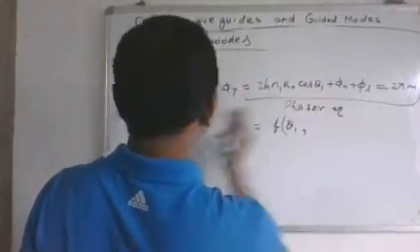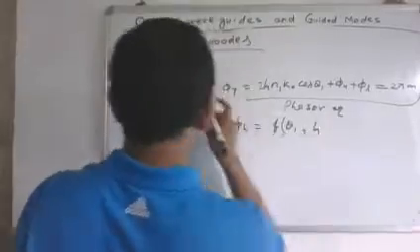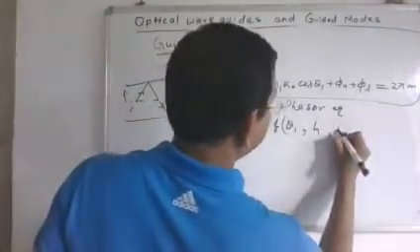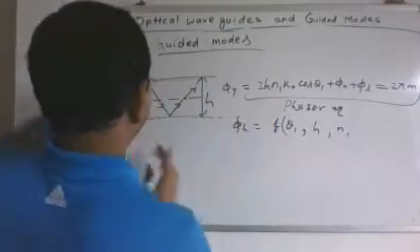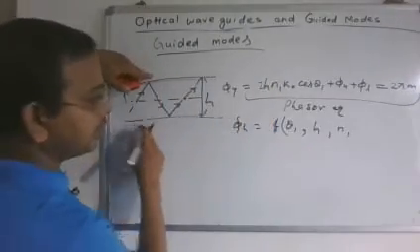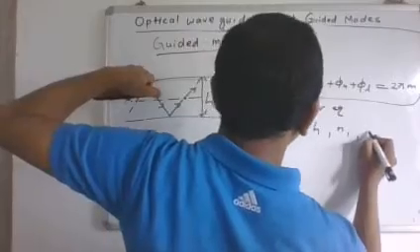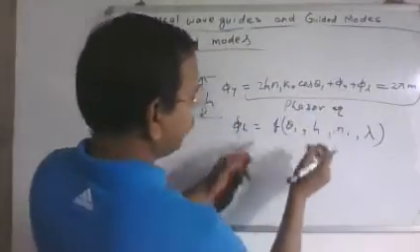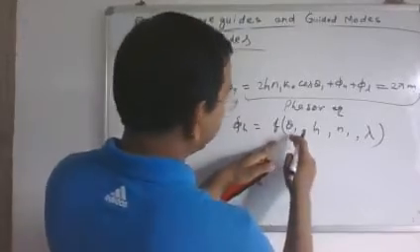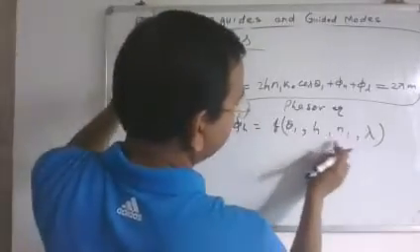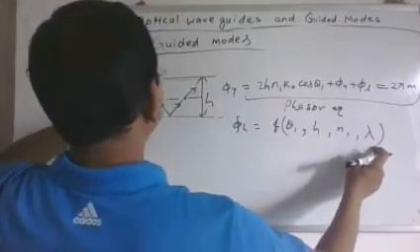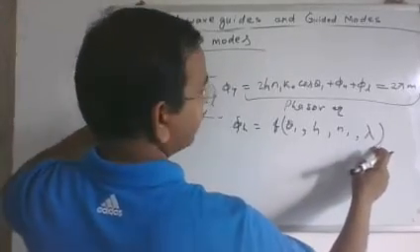In this equation, phase is a function of theta 1, the incident angle, h, the height of the waveguide, n1, the refractive index of the waveguide, and the wavelength lambda. So the total phase is a function of the launch angle theta, height h, refractive index of the waveguide n1, and the incident wavelength of light lambda.